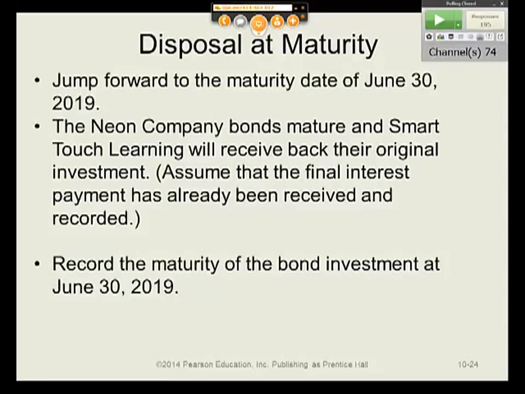In this problem, the bonds mature on June 30th of 2019. They're going to turn the bonds in for the maturity value. The final interest payment was already received, so they're assuming the entry debiting cash and crediting interest receivable from January 1 to June 30th was already made.